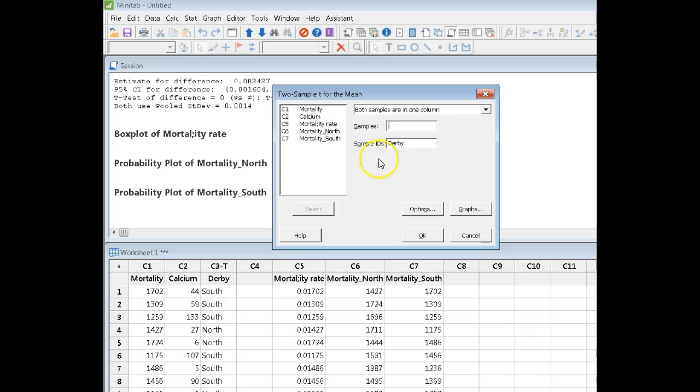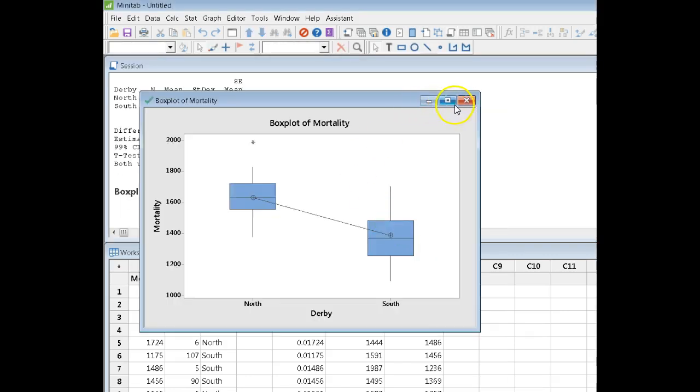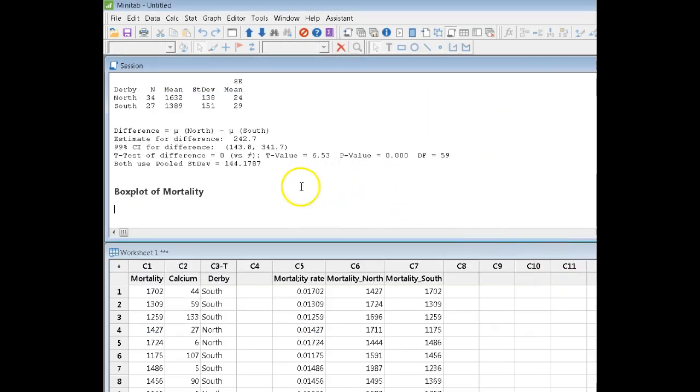Hang on now, just so we're all on the same page. Mortality versus north or south of Derby. Go to options, and I'm changing this so that it reflects a 99% level of confidence. And I can assume equal variance or not. I don't think it's going to make any difference here. Yeah, I got those plots again.